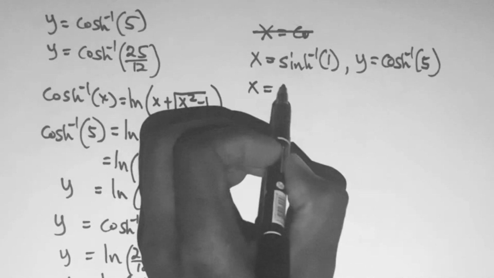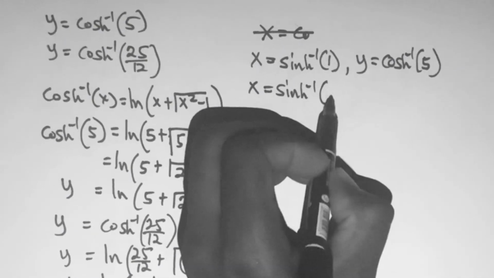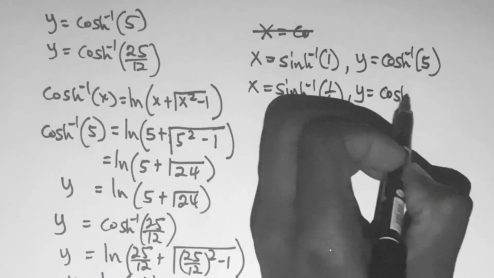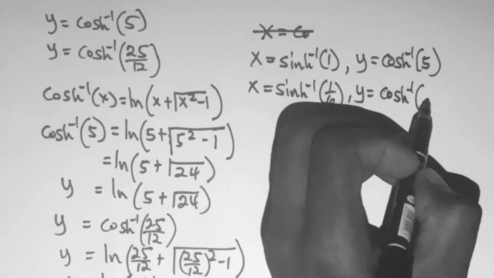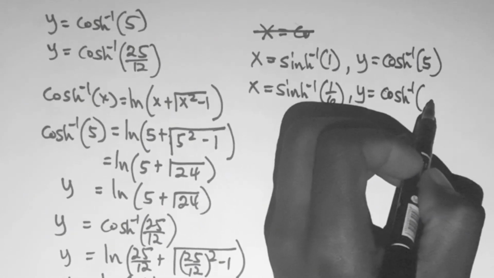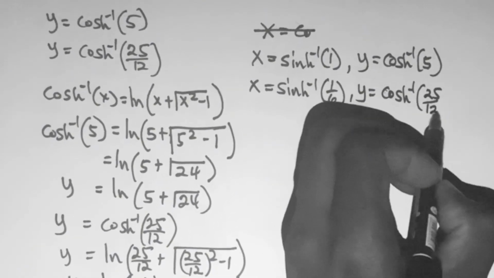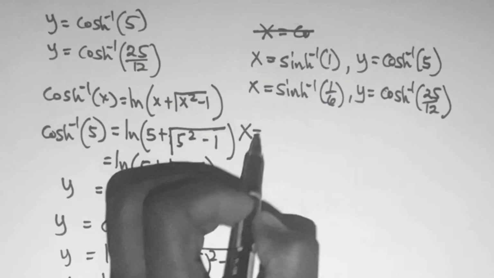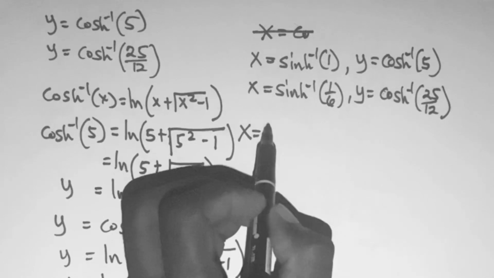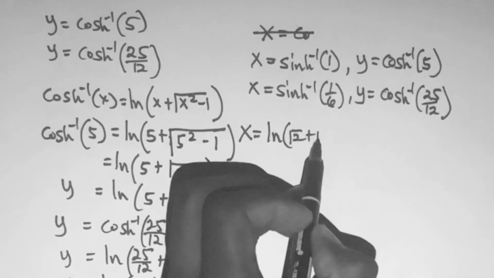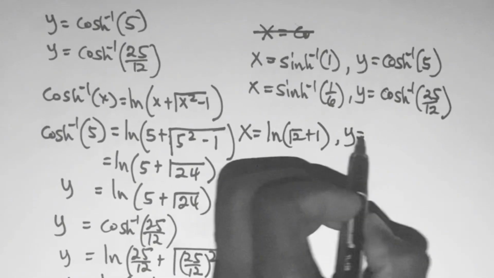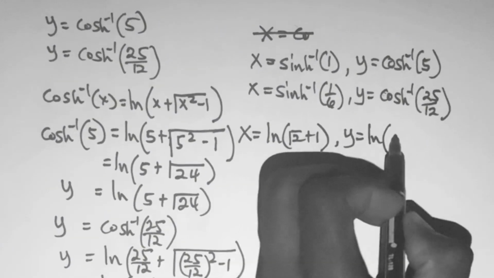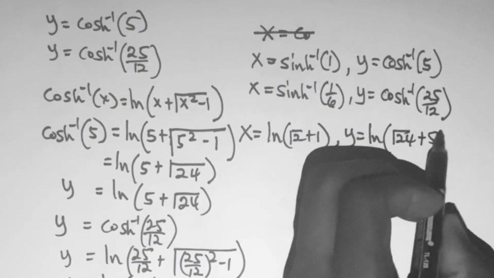And when x is equal to hyperbolic sine inverse of 1 over 6, then y is equal to hyperbolic cos inverse of 25 over 12. So now, in terms of logarithms, we got sinh inverse of 1 as natural log of root 2 plus 1. Then y is equal to the cosh inverse of 5. We got it as natural log of root 24 plus 5.